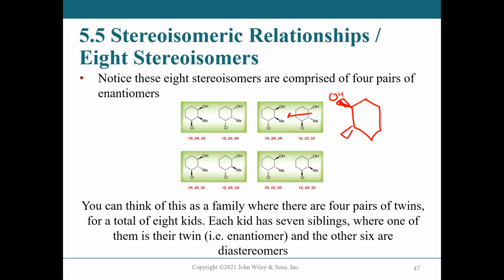This methyl group is going to be here. And now since I flipped it, that chlorine group is going to be behind. Everyone just take a minute to see why that is.